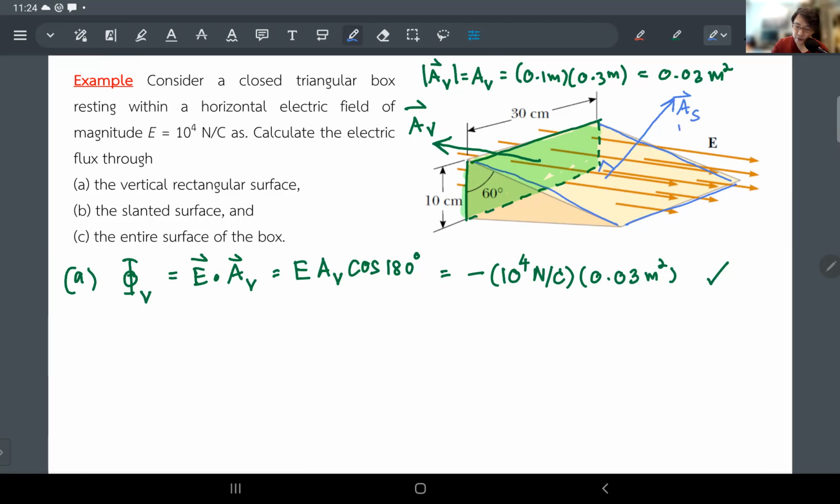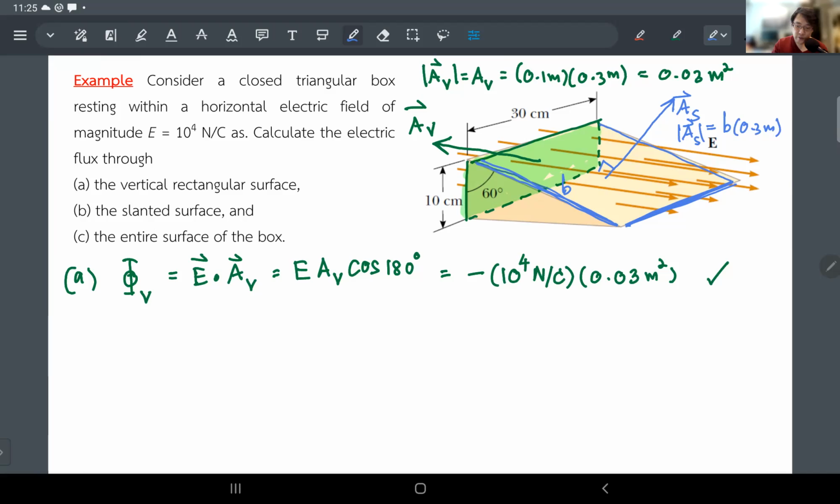The magnitude of A sub S vector is going to be the hypotenuse over here multiplied by this 30 centimeter depth or length. Because I don't want to do the Pythagorean theorem at this point, let me call the hypotenuse length B. So it's going to be B times 0.3 meter. That is your area.